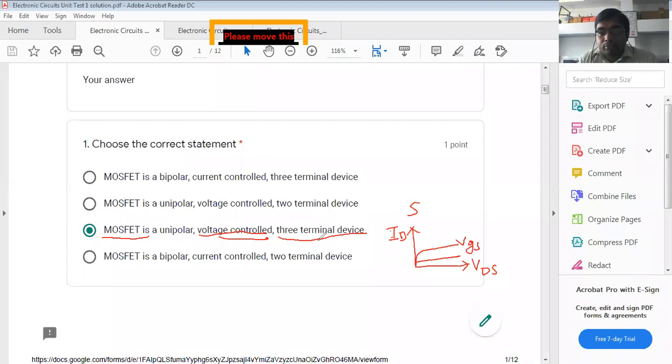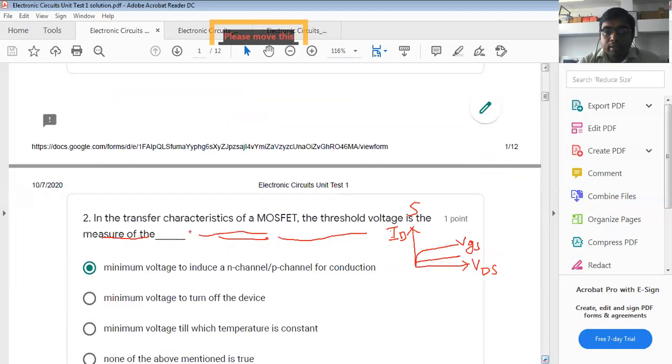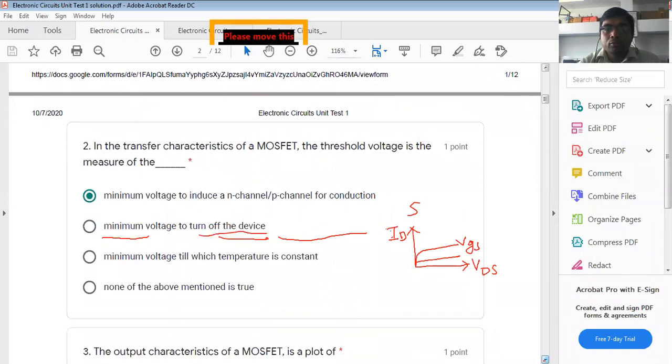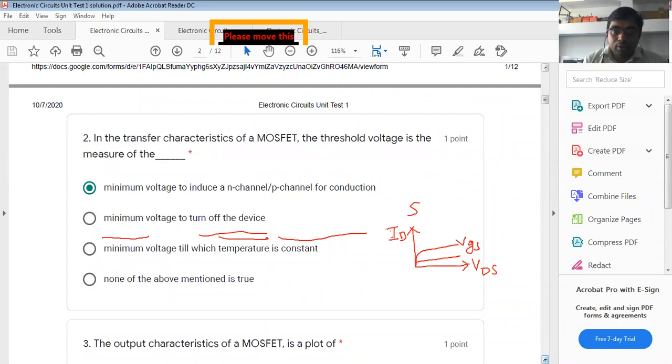Now come to the second question. It says, in the transfer characteristics of the MOSFET, the threshold voltage is a measure of what?